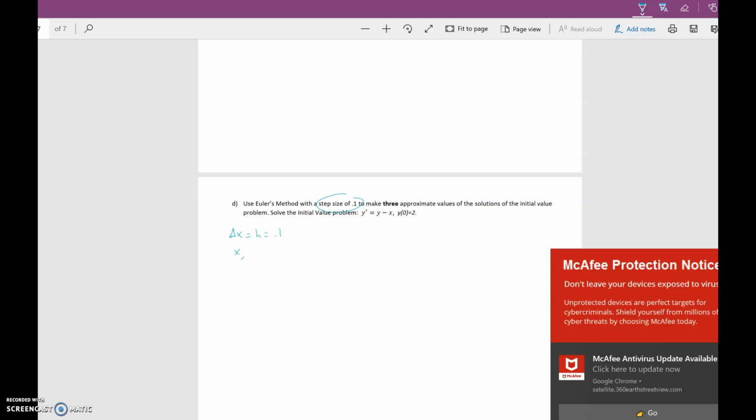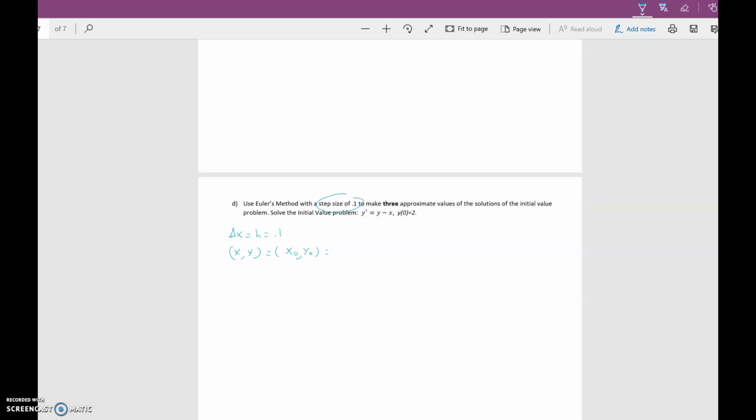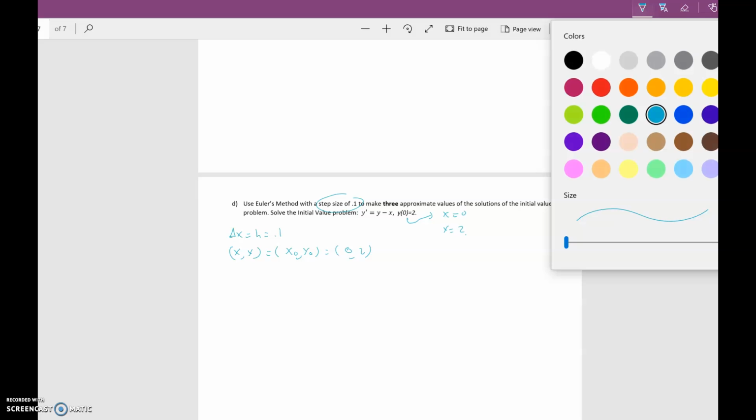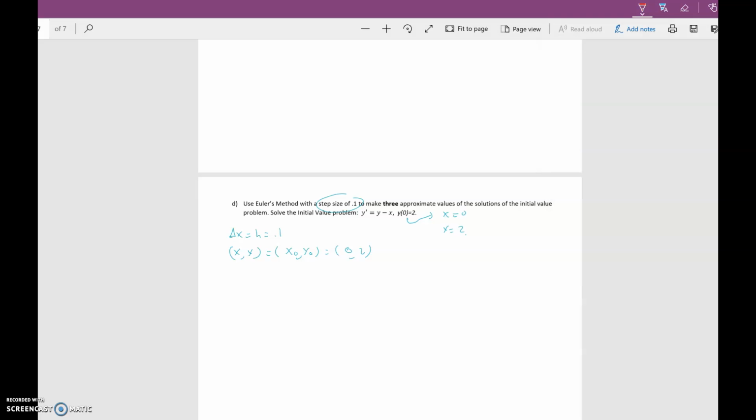And then the x and y that we're going to be using are x of 0, y of 0, which is equal to the original coordinate point (0, 2). This comes from here: remember that x is equal to 0, your y is equal to 2. So this is the first approximation that you're going to have.